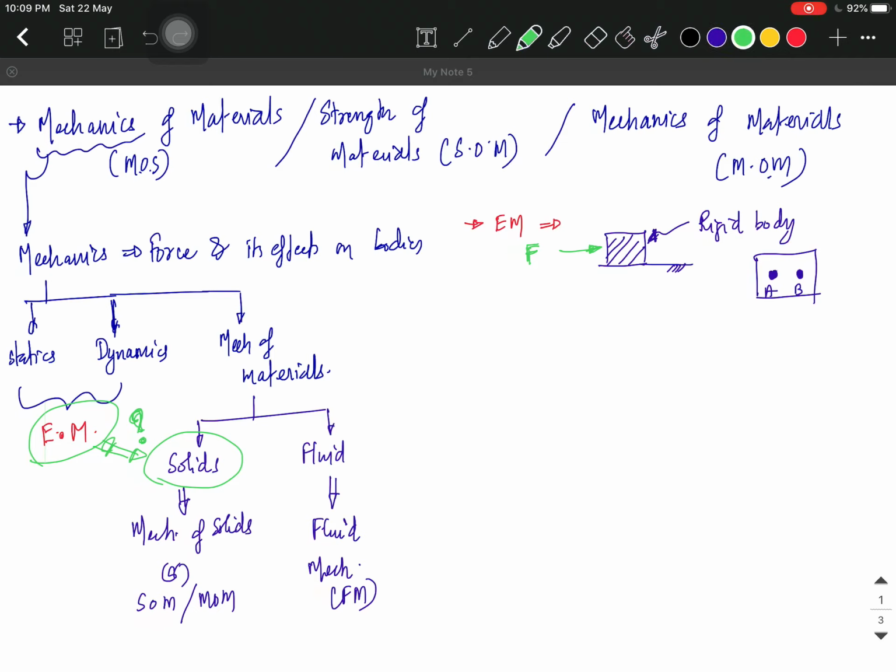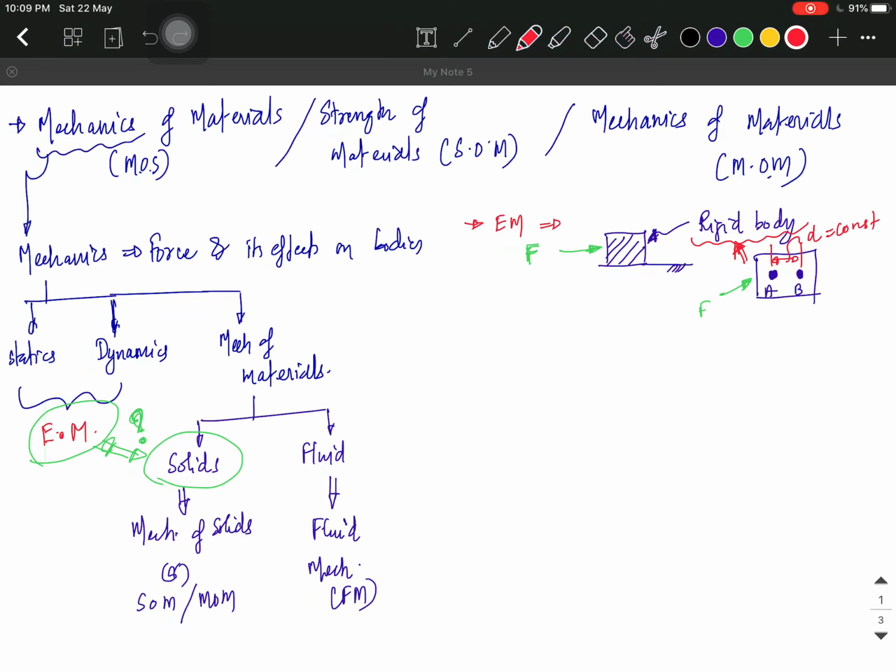If, upon application of any amount of force on this body, the distance between these two points remains the same, then such bodies are called rigid bodies.